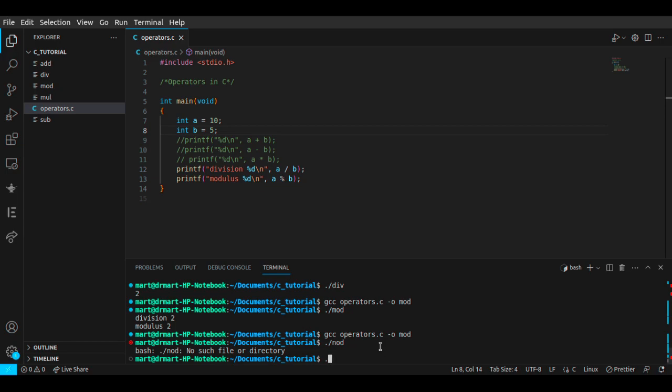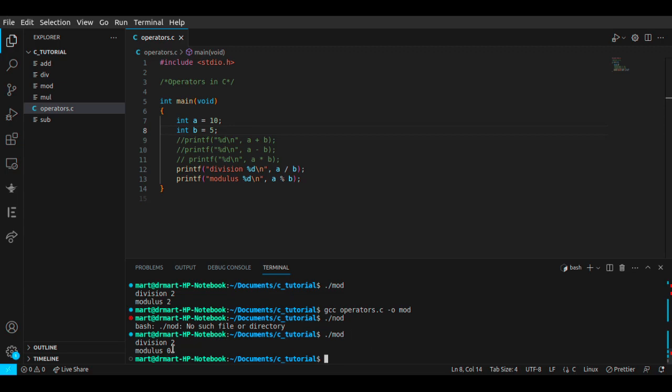Oh, sorry, another typo. Okay, so the result of division is 2, but the modulus gives us 0, so the remainder is 0. So when you have successful divisions, there will be no remainder. The remainder becomes 0.